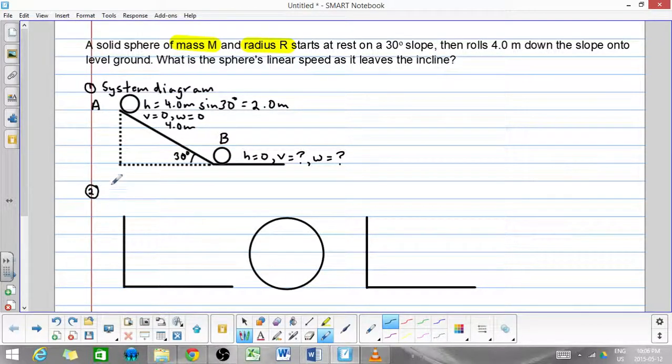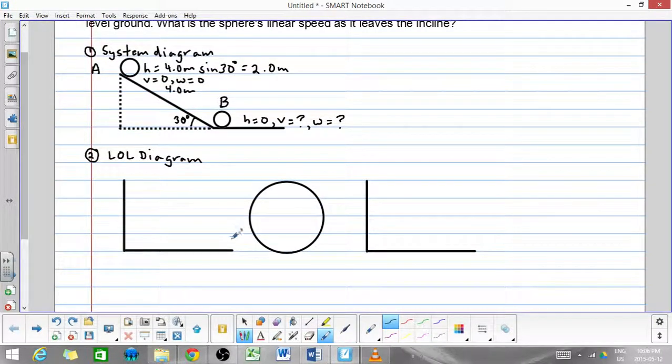So then we will draw our LOL, our energy bar diagram. Start by identifying the system, which is this sphere. And because it's interacting with the Earth as its height changes, the Earth is also part of the system.